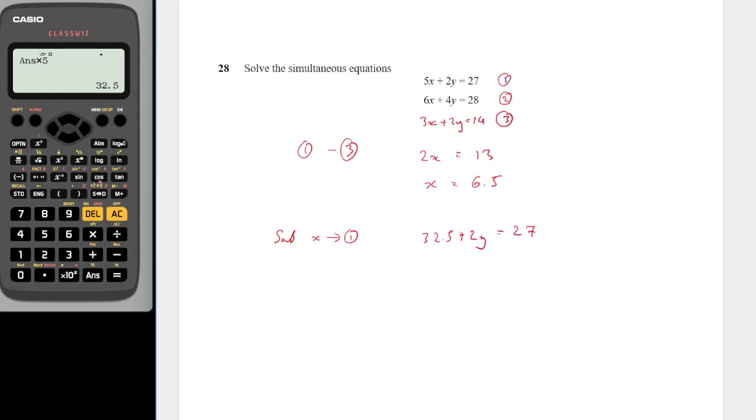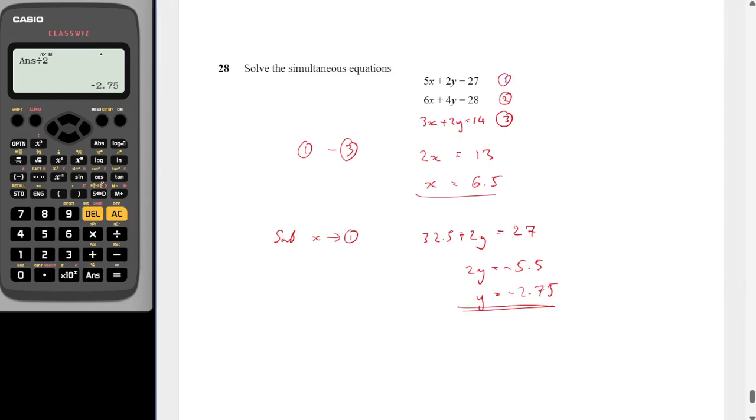If I minus 32.5 from both sides, 27 minus that is minus 11 over 2. So 2y is equal to minus 5.5, and y is equal to minus 2.75.